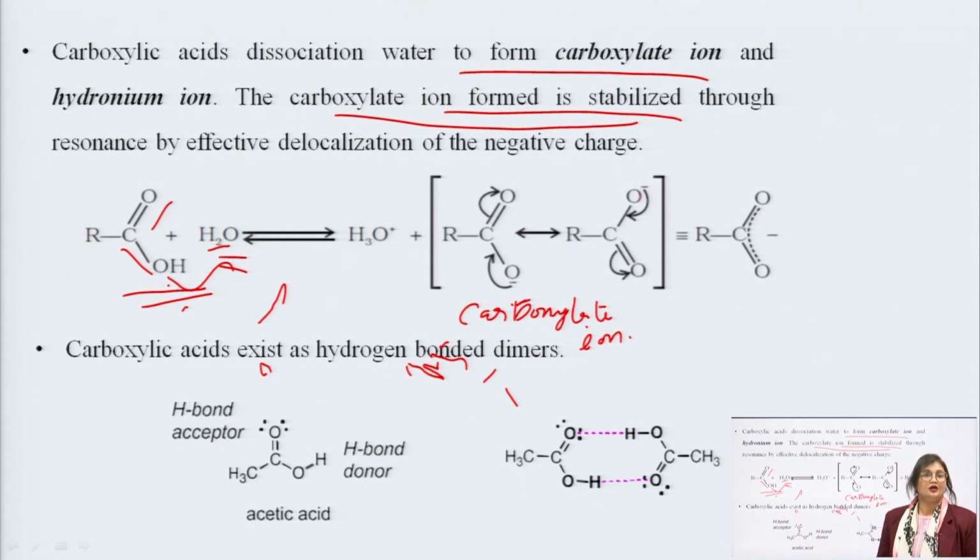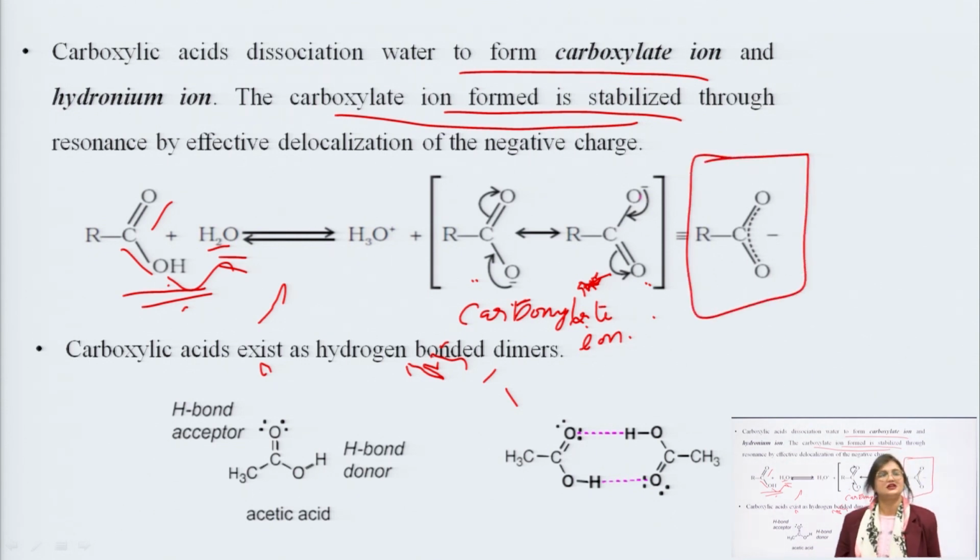This carboxylate ion is resonance stabilized, that is, the double bond can shift between this oxygen and this oxygen. This is the structure of the resonance stabilized carboxylate ion.